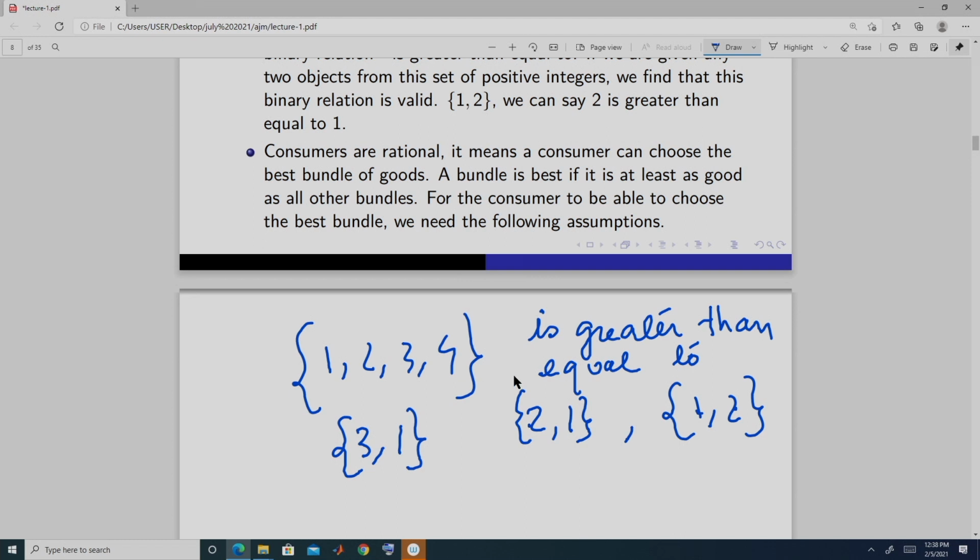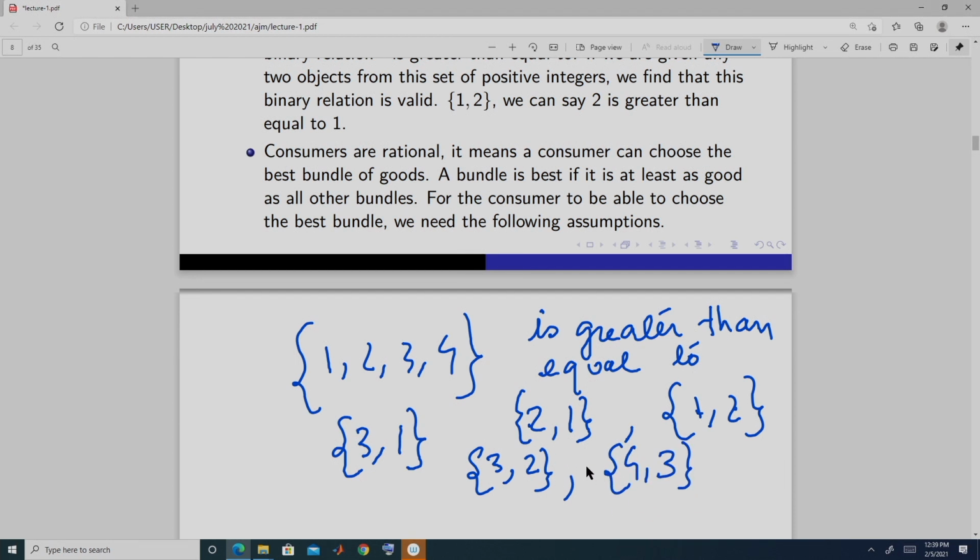So from here, suppose we are given this set A and we want to find out which is the greatest number. Then we know 2 is greater than or equal to 1, 3 is greater than or equal to 1, then 3 is greater than or equal to 2, right? Then again 4 is greater than or equal to 3.